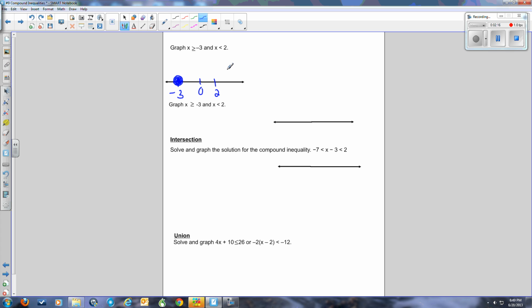X less than 2 is an open dot on the 2. And we want values that are greater than or equal to -3, but are also less than 2. So we're just going to connect those. All right, so this is an intersection of those two answers, where values are both greater than or equal to -3 and less than 2.